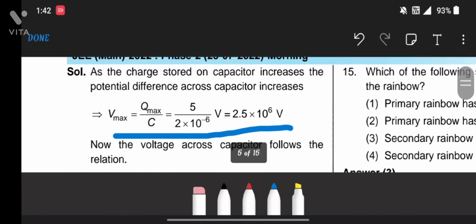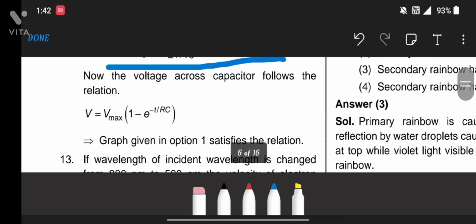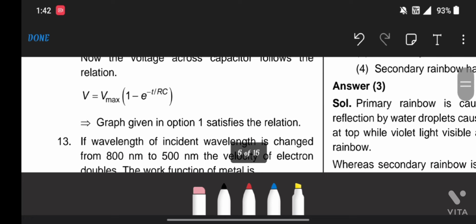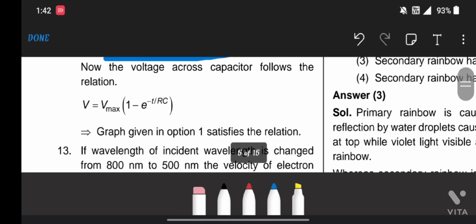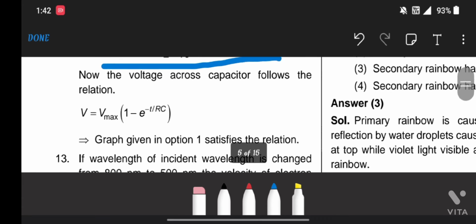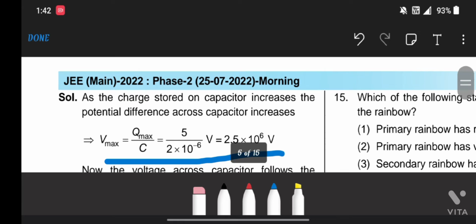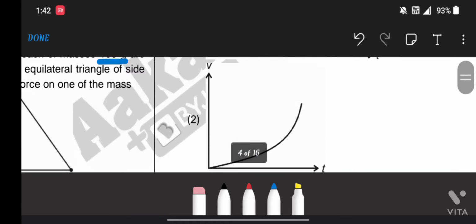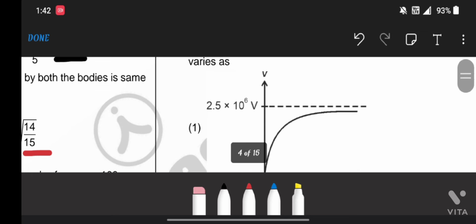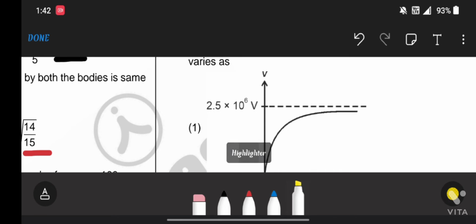Now the voltage across the capacitor follows some relation, like V is equal to voltage maximum into 1 minus e to the power minus t by RC. So by this we can say that graph 1, option 1 satisfies the relation, and that option is here in graph 1, right? So therefore the correct answer is option 1. I have marked with marker.